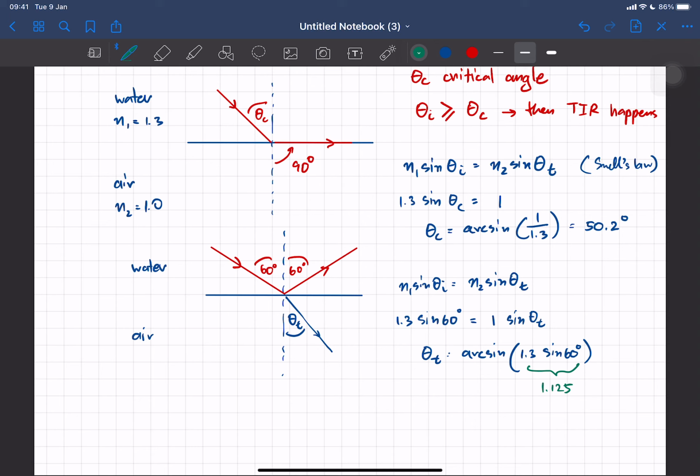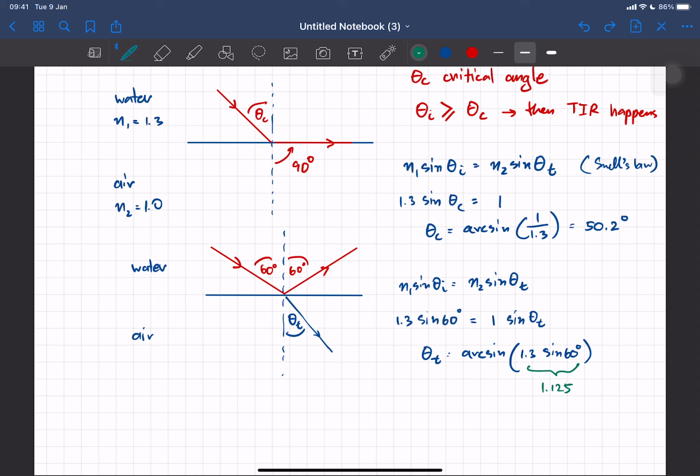But sine of any angle cannot be greater than 1, right? The maximum is 1. That's when it's sine 90 degrees. But this is larger than 1. So this will not give you any valid angle. So you're going to get an error when you use your calculator. So you cannot find the angle anyway.